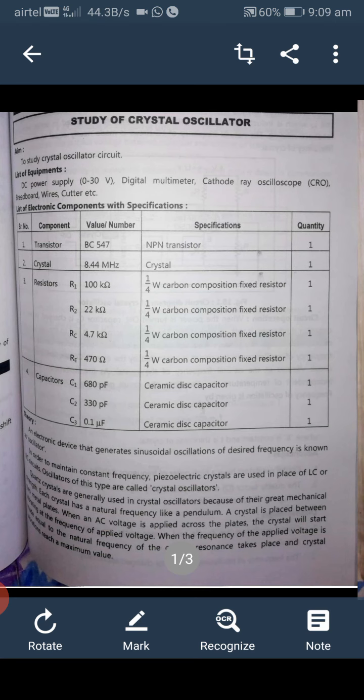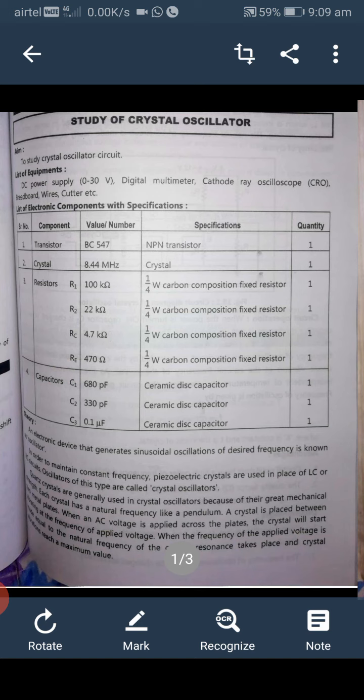Quartz crystals are generally used in crystal oscillators because of their great mechanical strength. Each crystal has a natural frequency, like a pendulum. A crystal is placed between two metal plates.